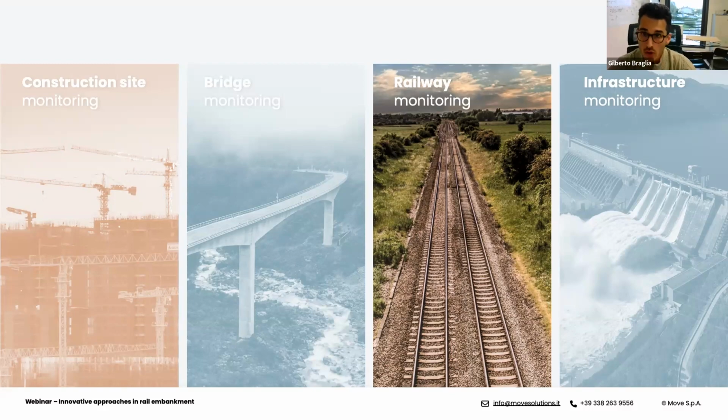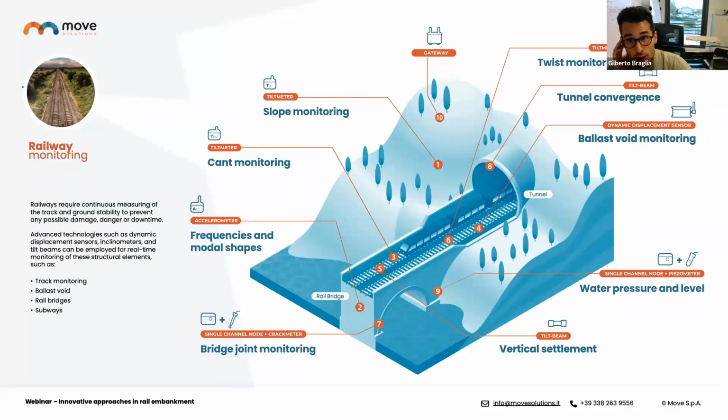Talking about solutions and the technology that we can provide, in the railway environment there are several parameters that we can measure and monitor. Let's imagine a railway track. First you can measure the geometry of the track itself, but you can check, of course, the ground and the water.